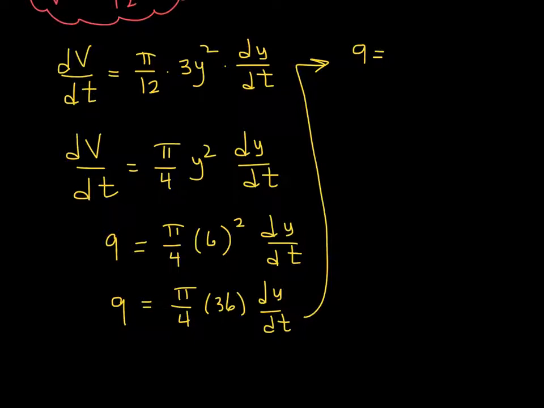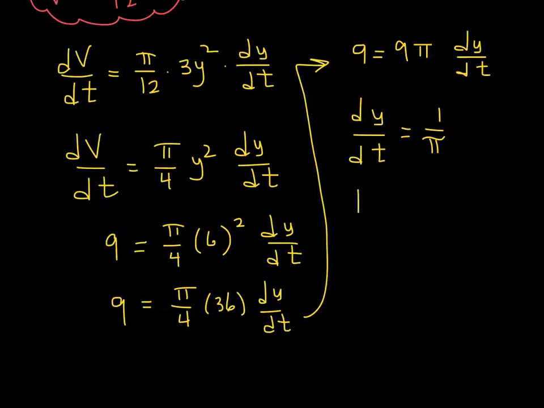So then we have 9 pi and then dy/dt. That is to say, dy/dt, I'm isolating dy/dt, is equal to 1 over pi. So then dy/dt, this is a rate, is approximately 0.32.